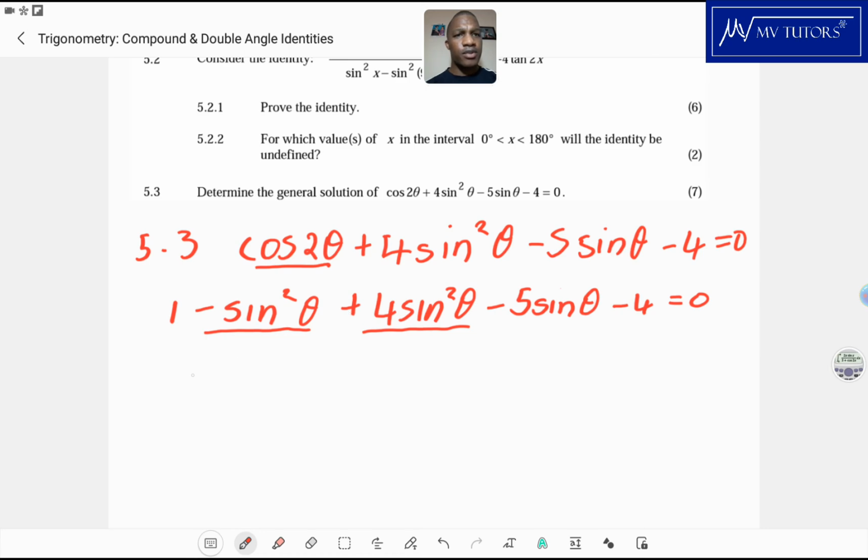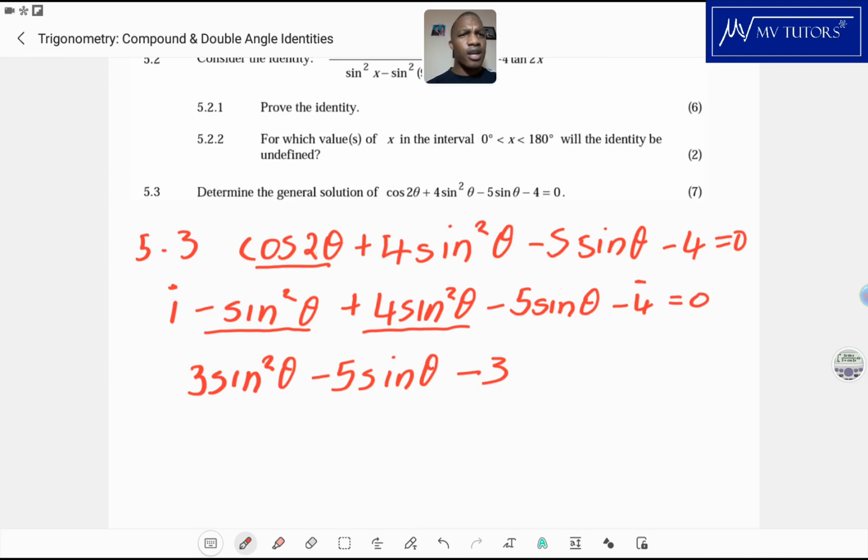So we will get 3 sine squared theta, because minus 1 plus 4 is 3, minus 5 sine theta, and then we have our numbers here. We have a 1 and a minus 4, so then we'll have a minus 3. Okay, there's something I missed here.